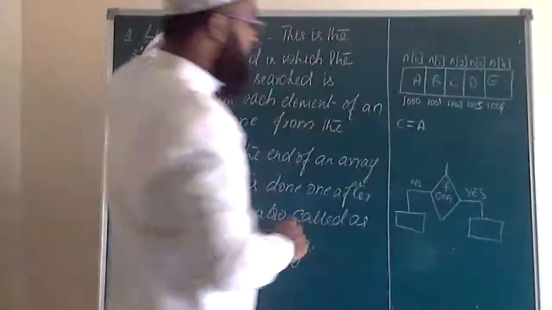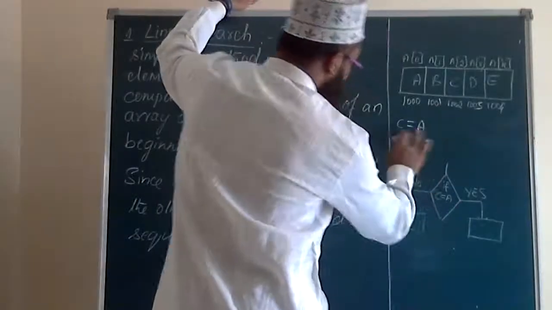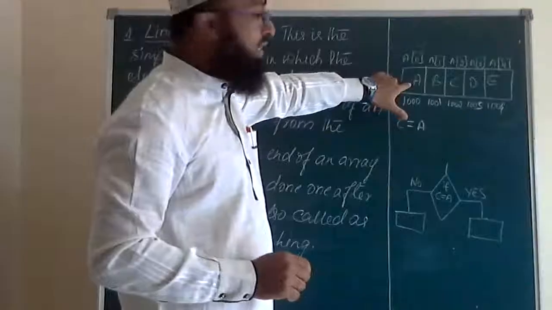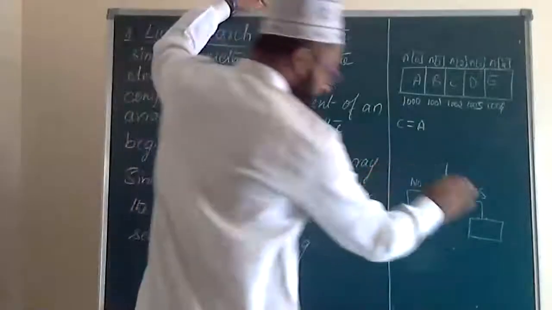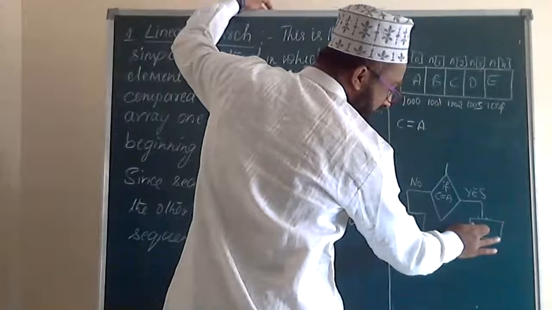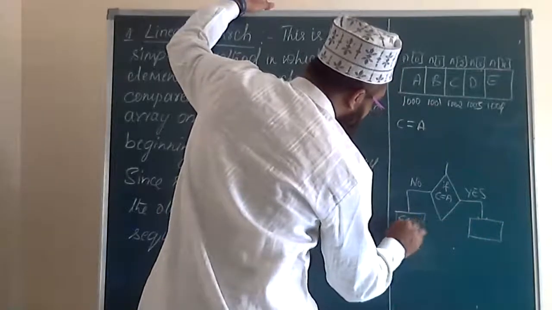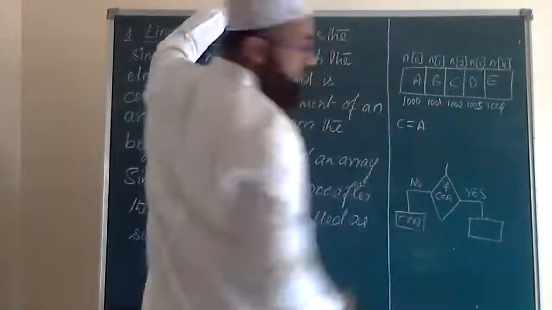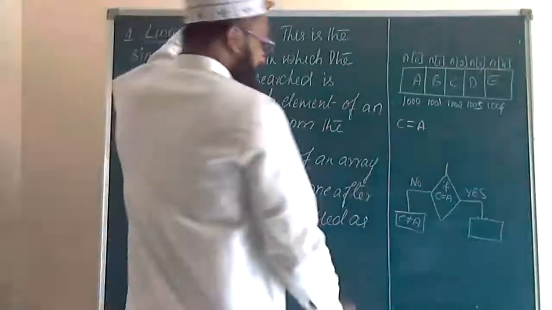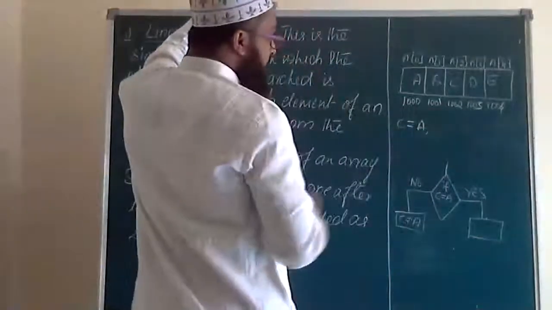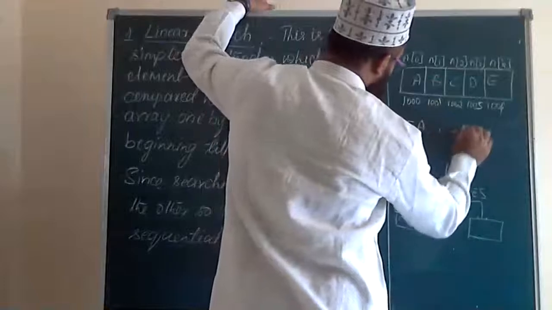If C is equal to A, if it is yes, we will get the result; otherwise, C is not equal to A. Then C will be compared with B. Is C equal to B?